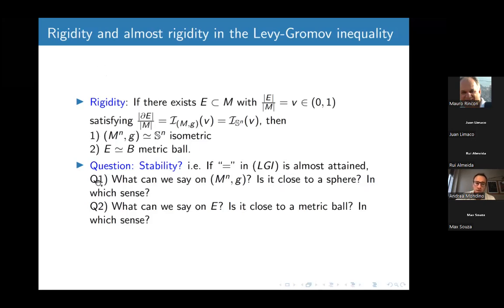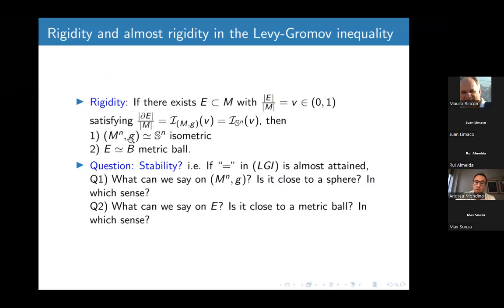The first question is, what can we say on the manifold M if the equality in the isoperimetric inequality is almost attained? Is it close to a sphere? In which sense? And regarding part 2, what can we say on the set E? Is it close to a metric ball, and in which topology?